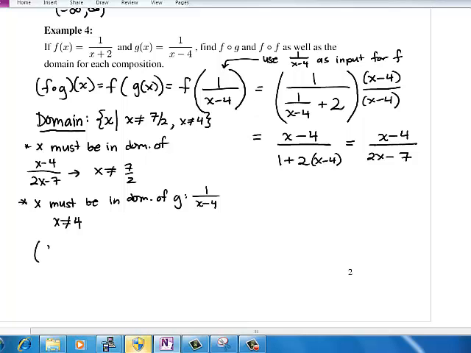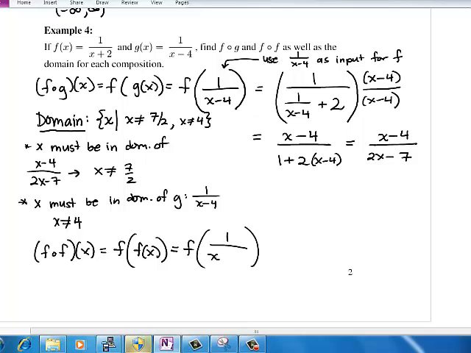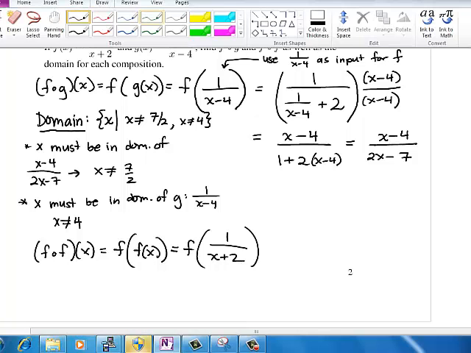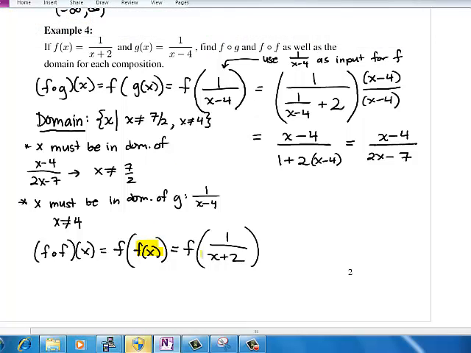Alright, so then let's also look at f composed with f. So we'd have f of f of x. So that's going to be f of 1 over x plus 2, replace the inside function with the formula. So here we're just replacing that one.